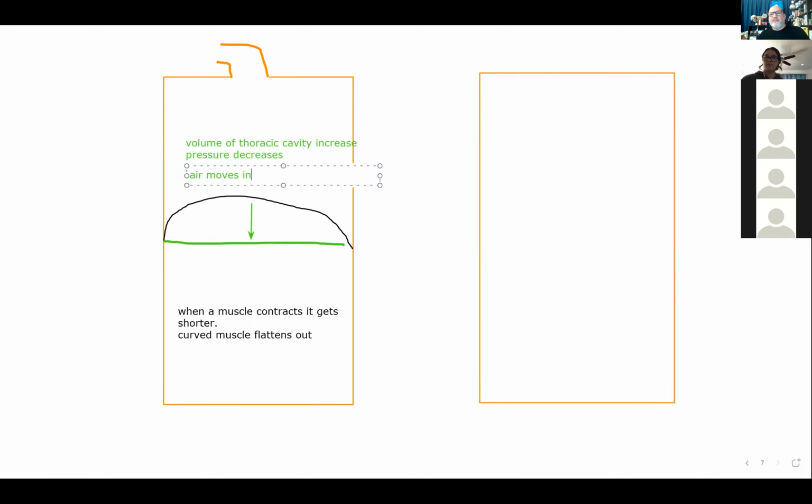And what do we call that process? Inhalation. Now, notice to do this, we contracted the muscle. And as we now know, contracting a muscle uses ATP. So this is an active process.